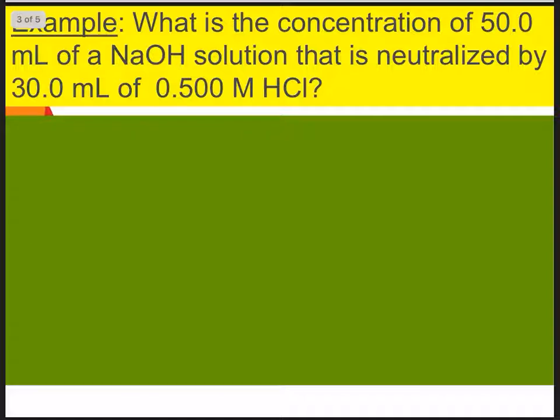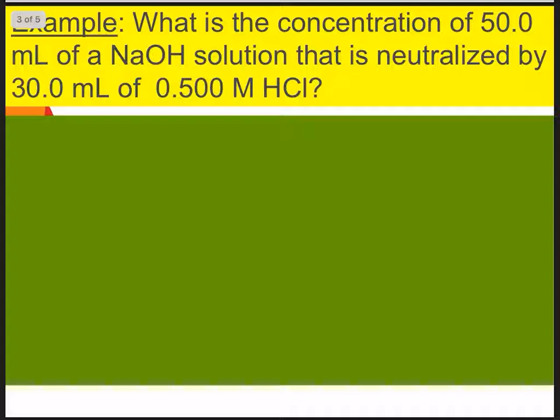Okay, so let's look at this first example. Start by reading the question. What is the concentration of 50 milliliters of a NaOH, or sodium hydroxide solution, that is neutralized by 30 milliliters of a 0.5 molar hydrochloric acid?